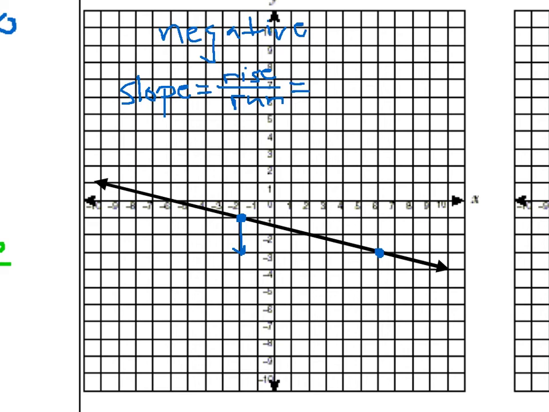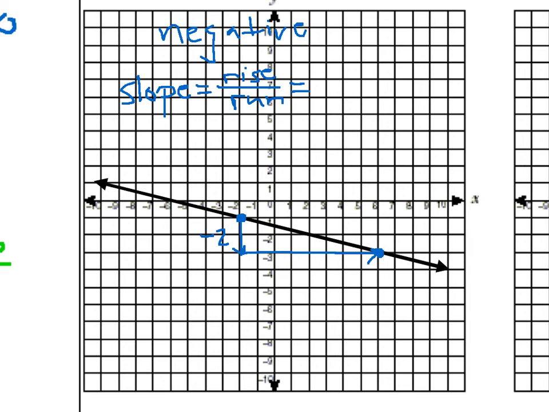My rise is what? Jordan? -2 because we went down. And our run, if we count it out, is 1, 2, 3, 4, 5, 6, 7, 8.